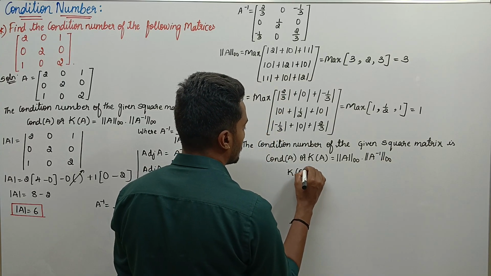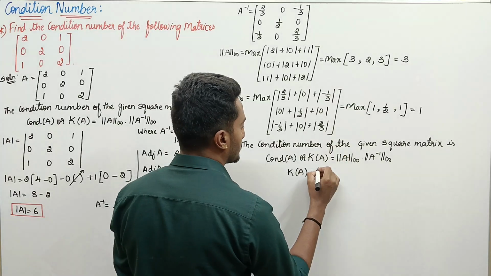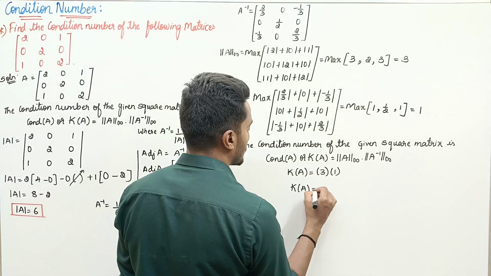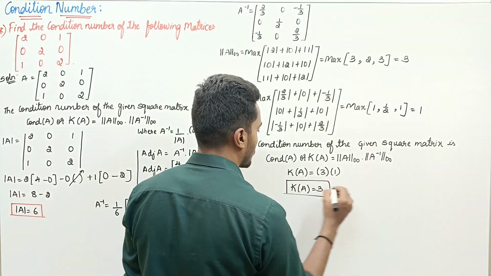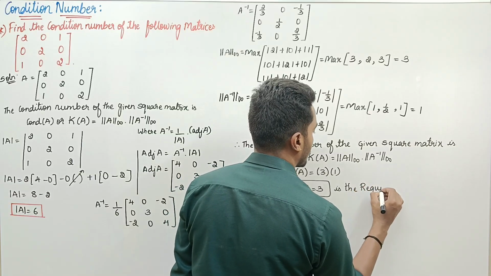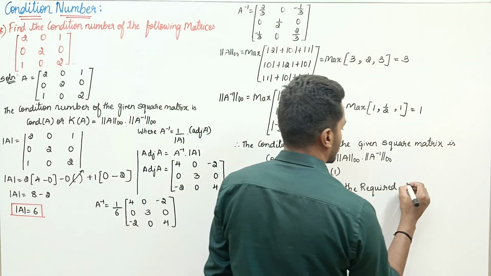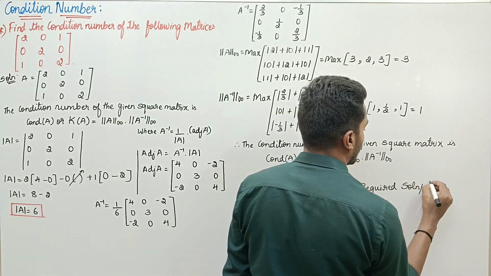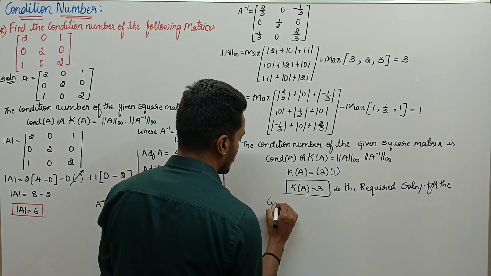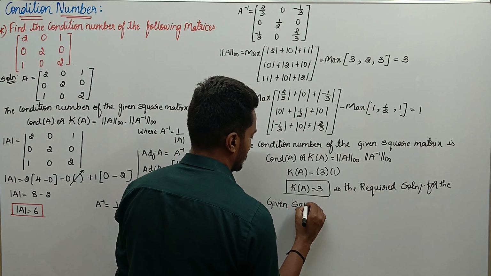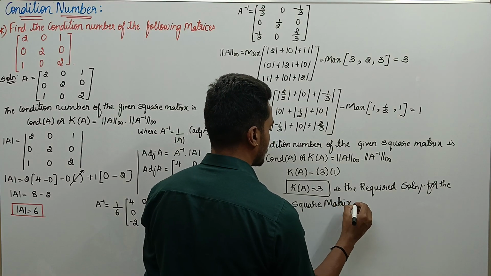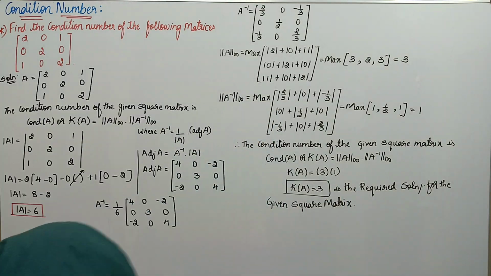What is norm A infinity? 3 into norm A inverse infinity 1. K of A is equal to 3, which is the required solution for the given square matrix. Got the point?